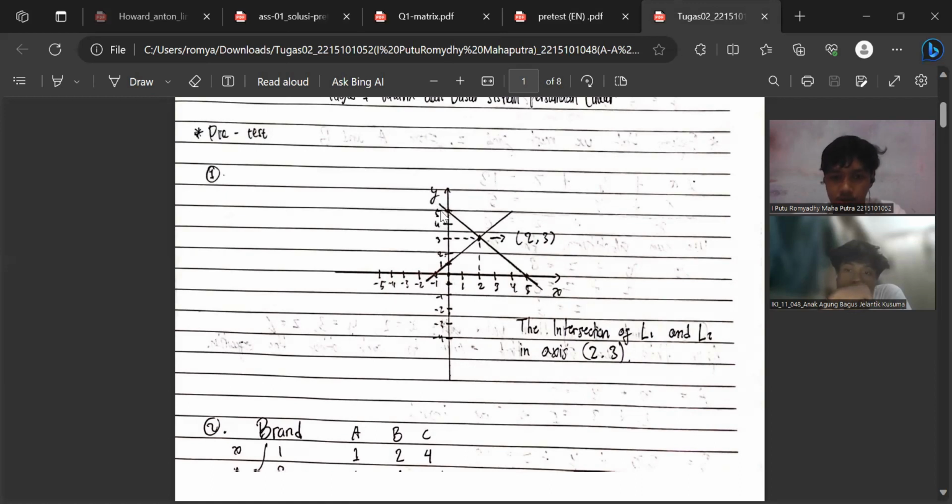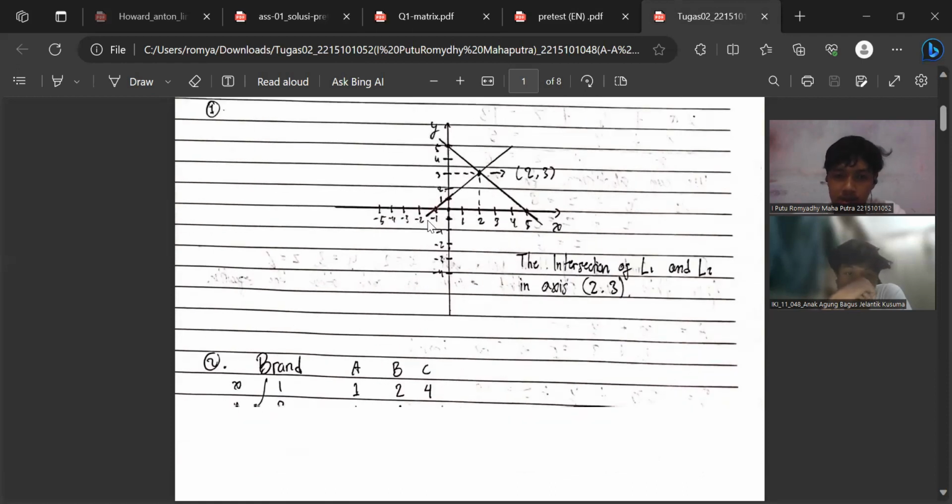So with 5 and 5 we can make a straight line, and with x2 and y2 we create the other straight line.